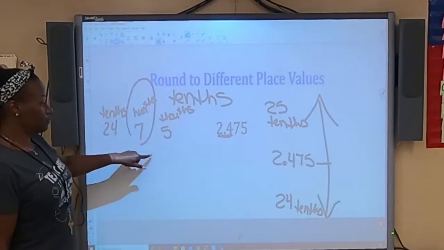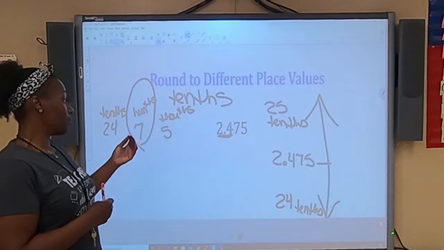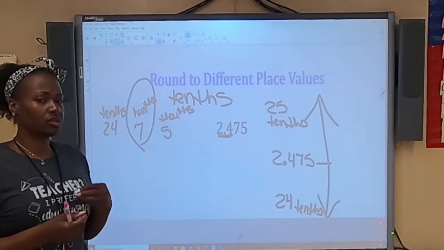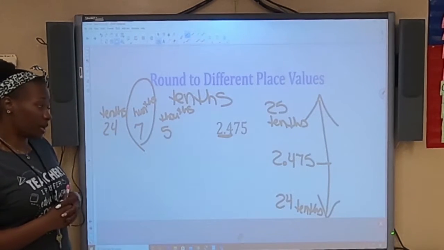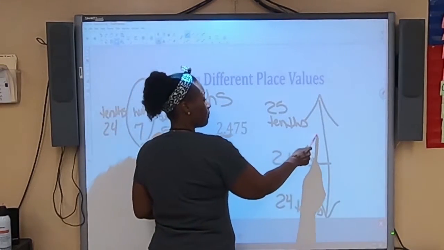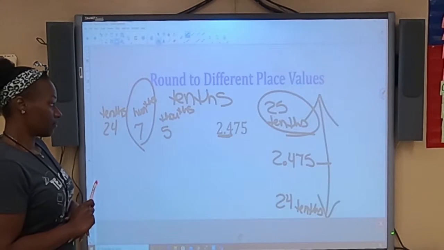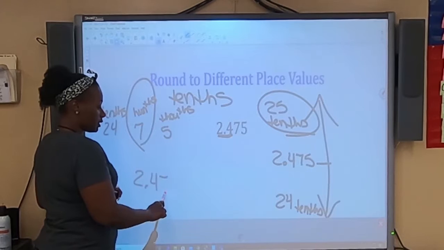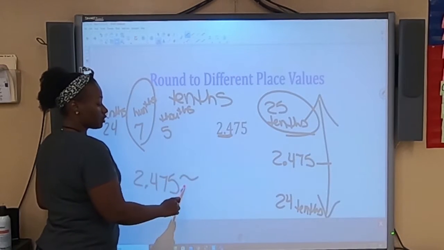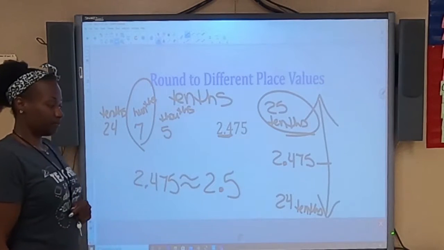Remember, we're comparing it to the midpoint. Remember, our midpoint is going to be 5 hundredths. Is 7 hundredths greater than or less than 5 hundredths? Hopefully you said it's greater than. And because it's greater than, it means we're going to round up to 25 tenths. So that tells me that my number of 2 and 475 thousandths rounds to 2 and 5 tenths.